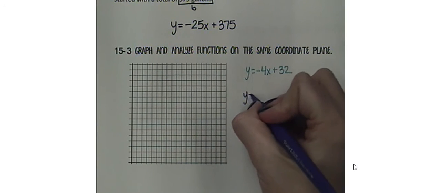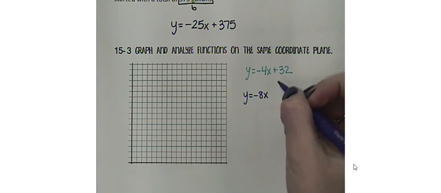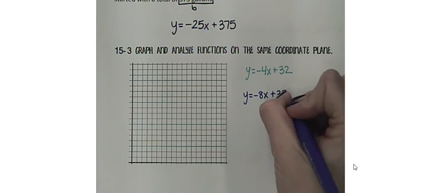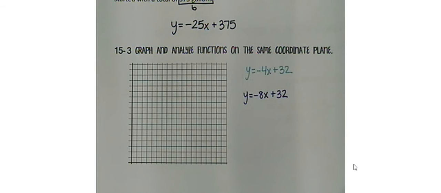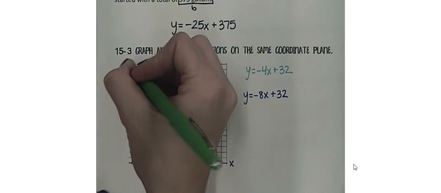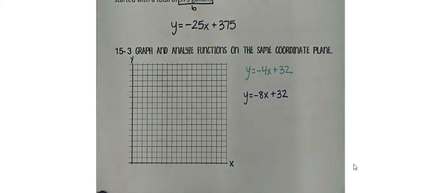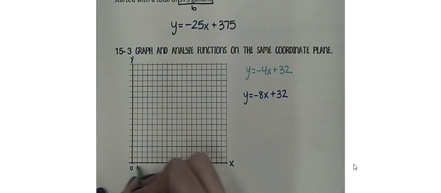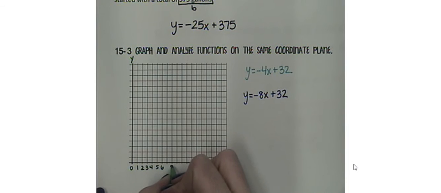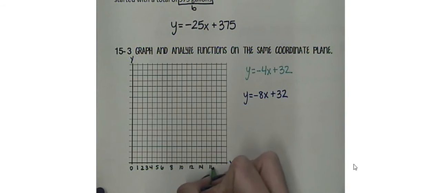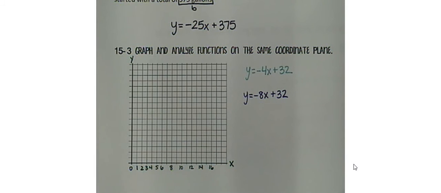And y equals negative 8x plus 32. X and y. Let's go up by ones here again. If it helps you can write in every single number.